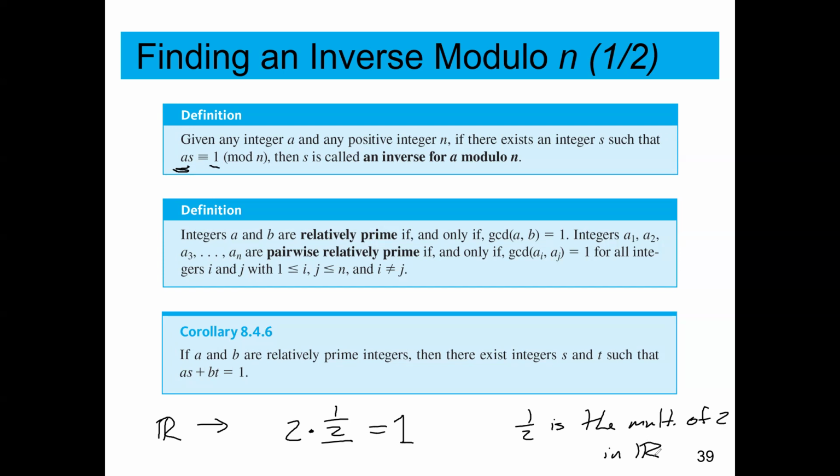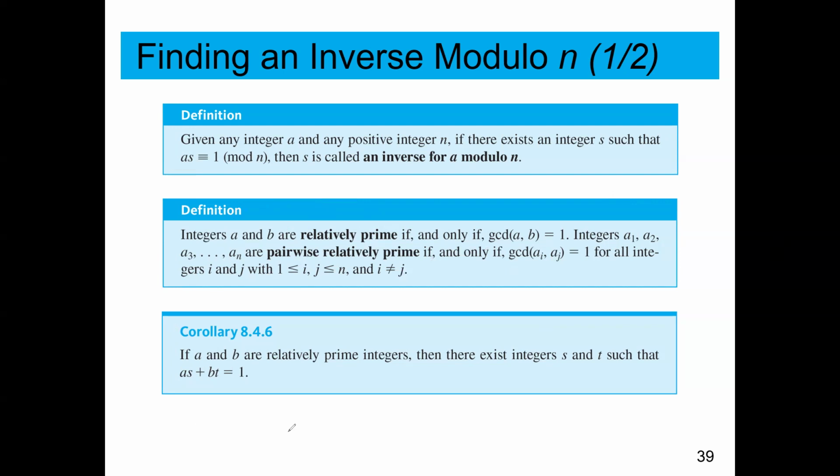The problem with that is, what if I'm not in the real numbers? Then this 1/2 doesn't exist. But we dealt with this just a little bit, so it becomes a little bit harder. So let's go back to a different example real quickly so I can demonstrate an idea.